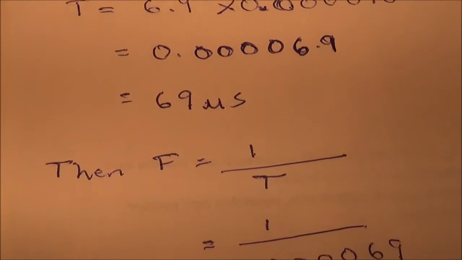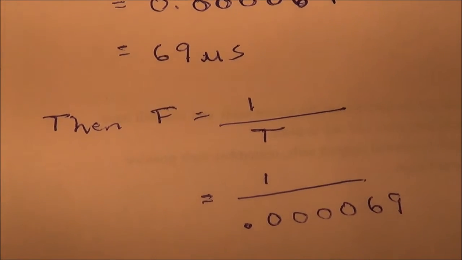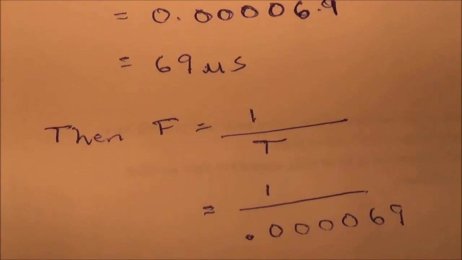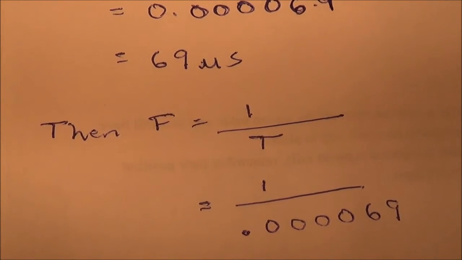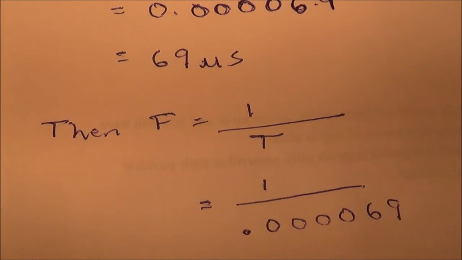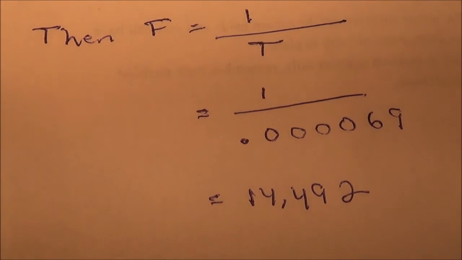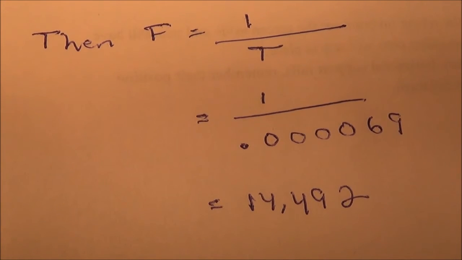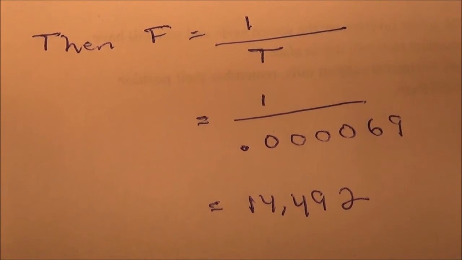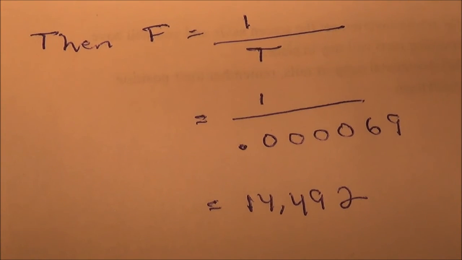Then in order to get the frequency, we take 1 and divide that by the time period. So that's 1 divided by 0.00069, which equals 14,492 hertz. Now, like I said, this is not a 100% accurate way to do things. It's a ballpark figure.